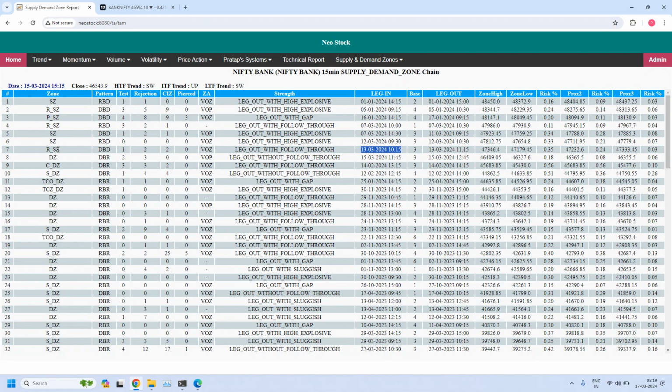And next, what else do we have? We have high liquidity supply zones at 7th March, one base candle. 7th March, 10 o'clock.